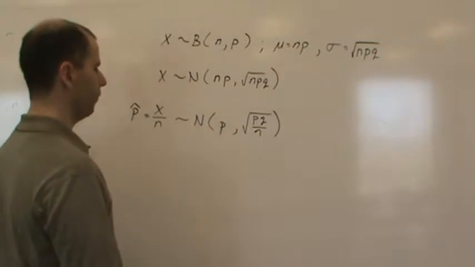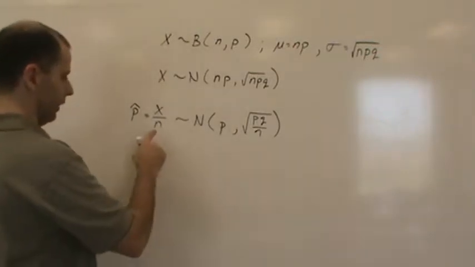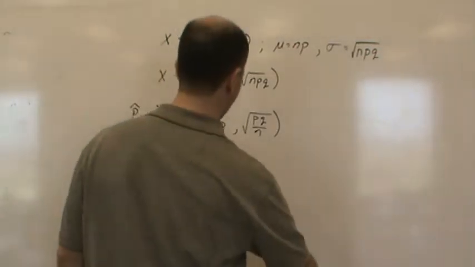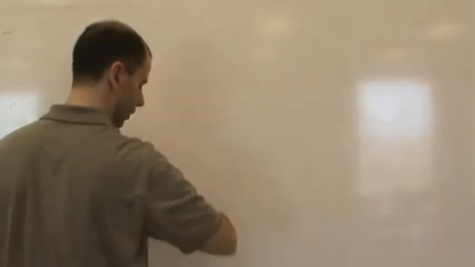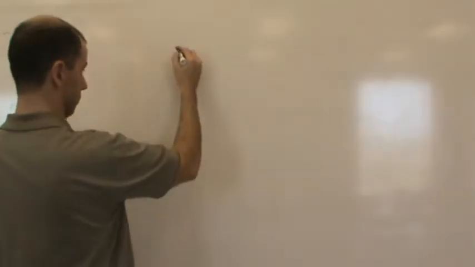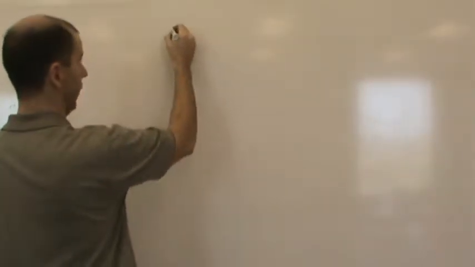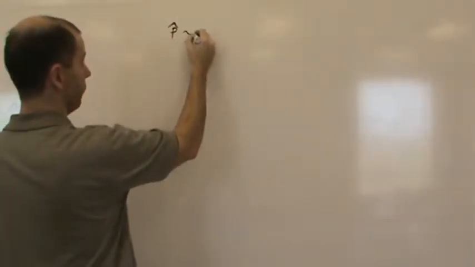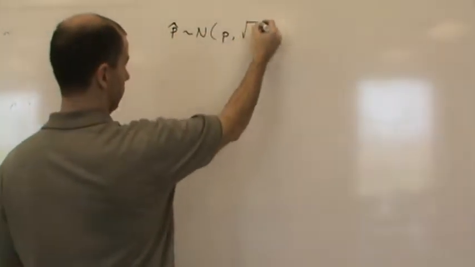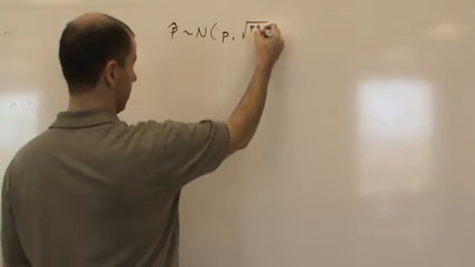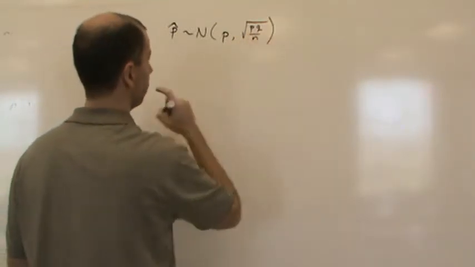So let's use that. Okay, so now p hat is going to be approximately normal with the mean of p and this standard deviation, the square root of pq divided by n.